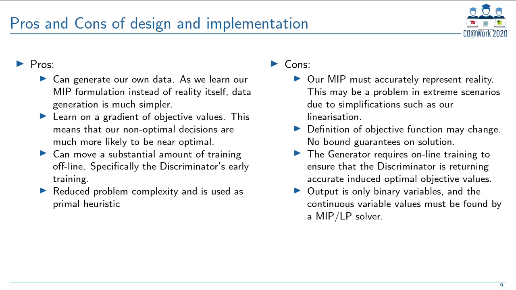Our data-driven approach is used as a primal heuristic for the large, intractable mixed-integer program. It drastically reduces problem complexity by having a substantial amount of binary variables, aka the operation modes, fixed. It is not a complete primal heuristic, however, and requires a MIP or LP solver to find the optimal continuous variable values associated with your choice in binary variable values.